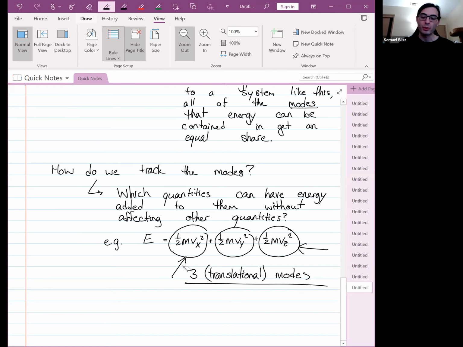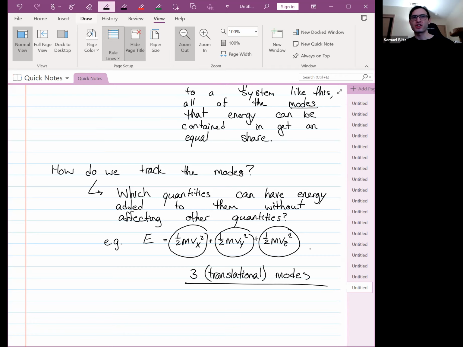So there are 3 different ways that you can do that. You didn't have to choose the x, y, and z coordinates. You could have chosen a different set of coordinates, but there would still always be 3 different ways that you can increase the energy, because there are 3 directions that you can kick it in that don't affect the other directions.